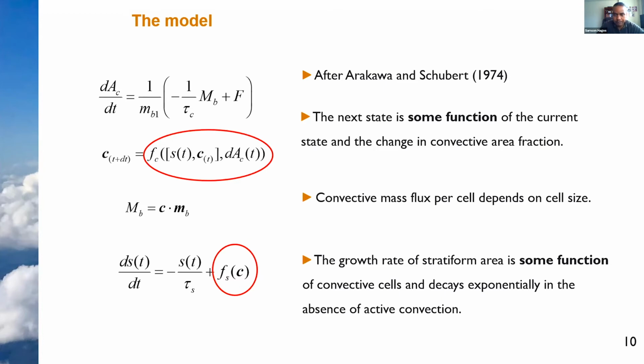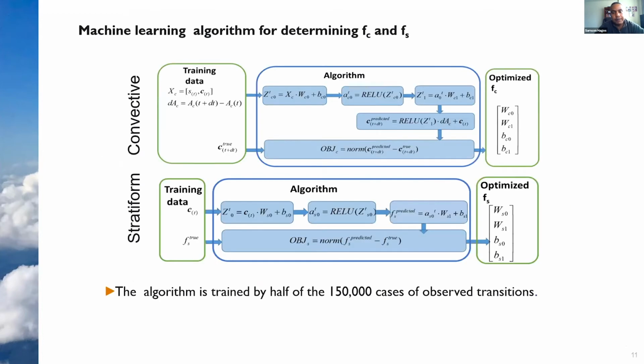So the goal of the machine learning algorithm, therefore, is to determine F_c and F_s to provide closure to this model. So we, again, put together a machine learning algorithm. We have initial state S_t and C_t as a scalar and vector representation of stratiform and convective area, respectively.